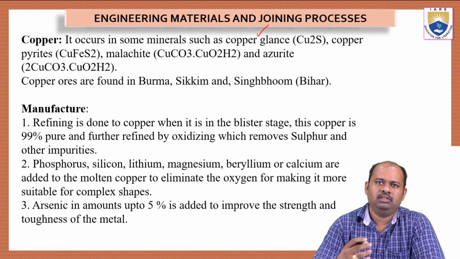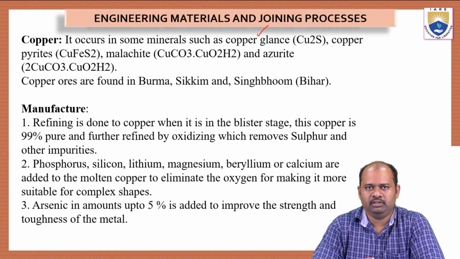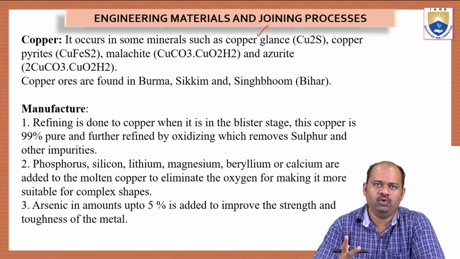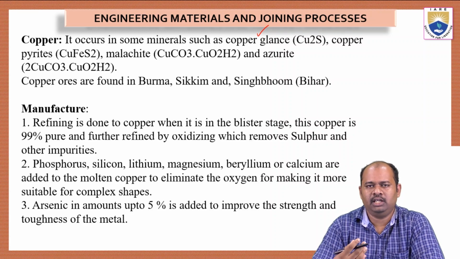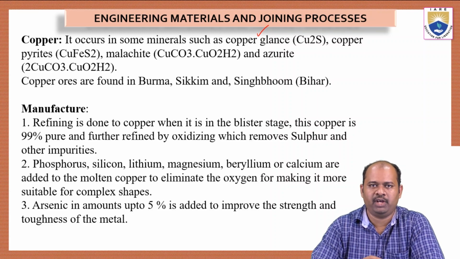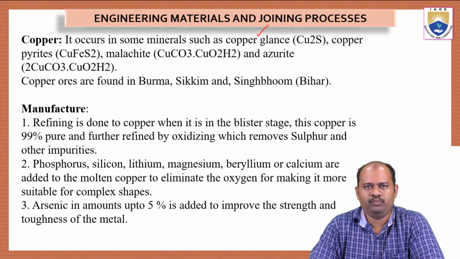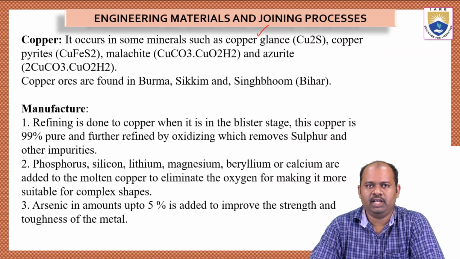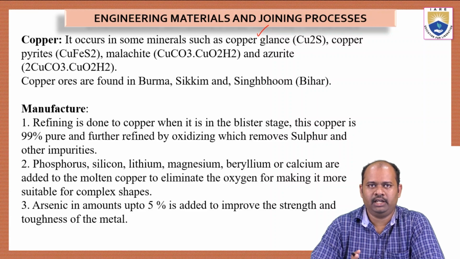It has two good properties: it can be drawn into thin wires and it has very high electrical conductance. Because of these two properties, copper is used as a conducting material for most electrical equipment. Even in electrical windings, copper wires are used.